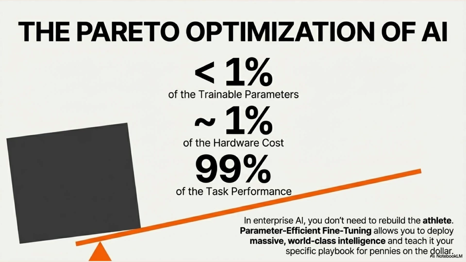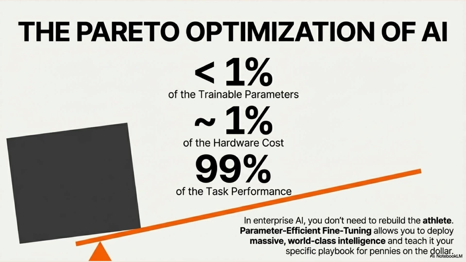You are deploying less than 1% of the computational effort and less than 1% of the financial cost, and capturing 99% of the result. The text at the bottom states the enterprise thesis explicitly. In enterprise AI, you don't need to rebuild the athlete.